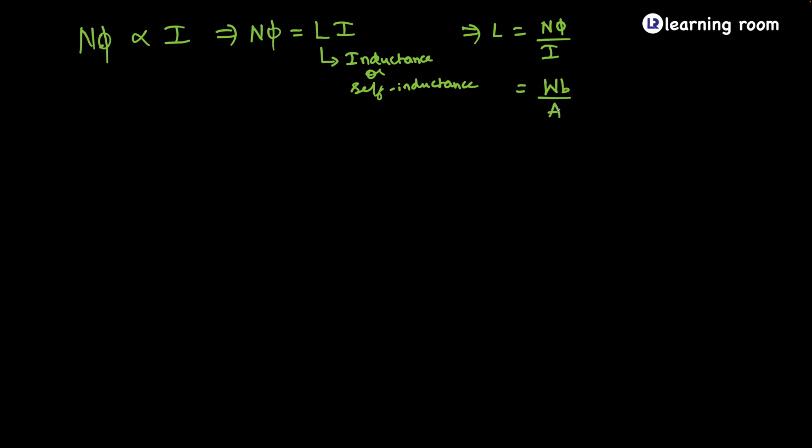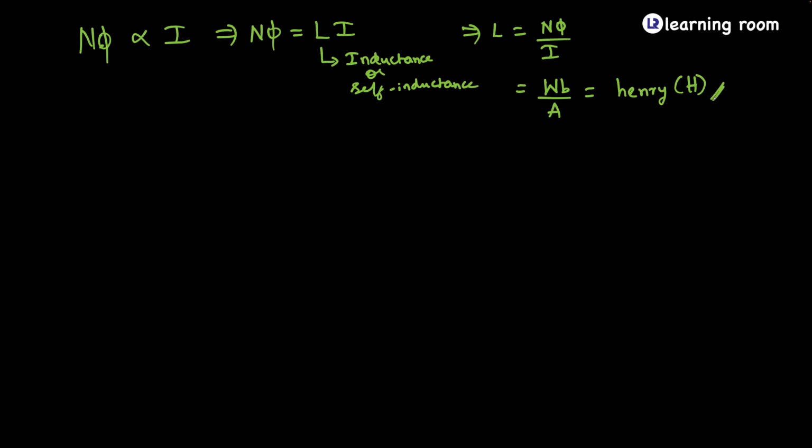This Weber per ampere is given a name called Henry, and it is represented by the symbol capital H. Means inductance is a parameter which is measured in a unit called Henry, but that Henry is obtained by using this Weber per ampere.